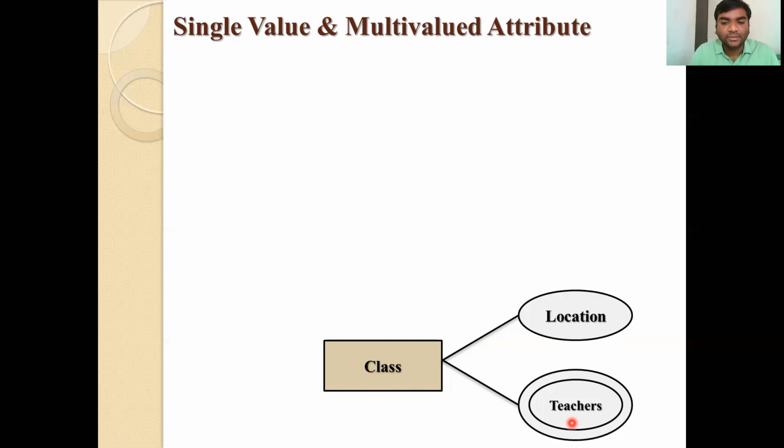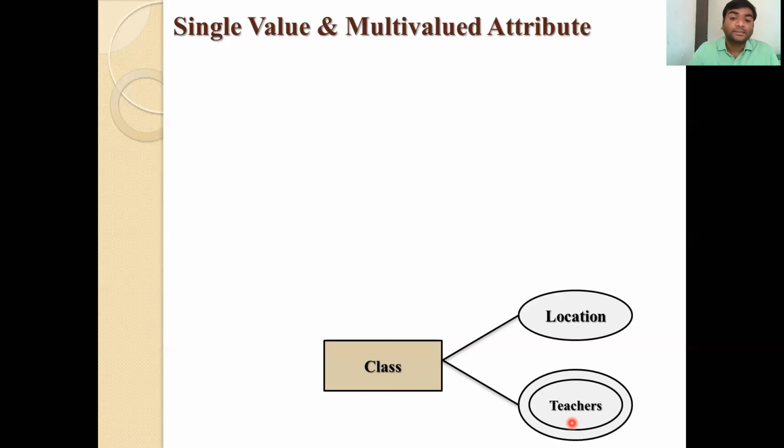So why are teachers represented by the double oval? Because it is a multi-valued attribute. For second year computer engineering, 5 to 6 teachers come into the classroom and they teach different subjects to the class. Only one teacher is not there; there are multiple teachers for multiple subjects.